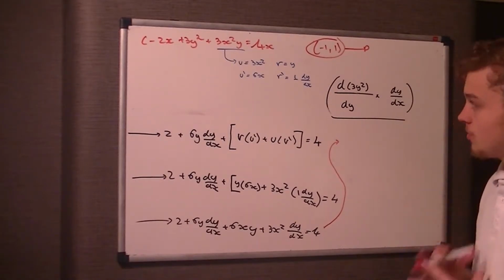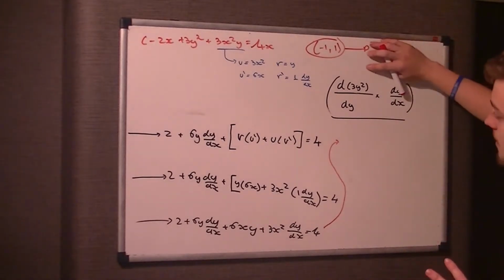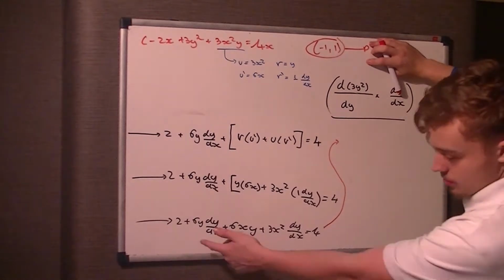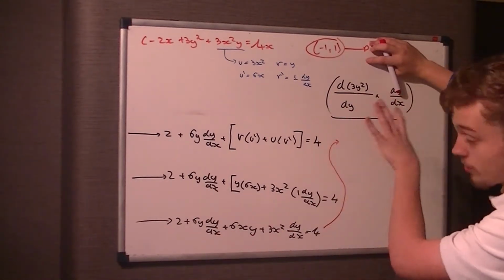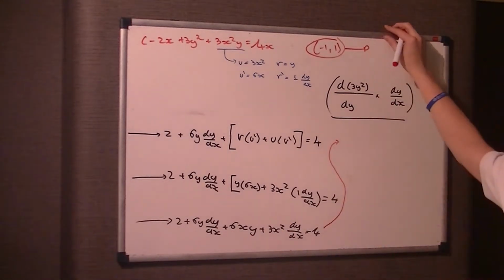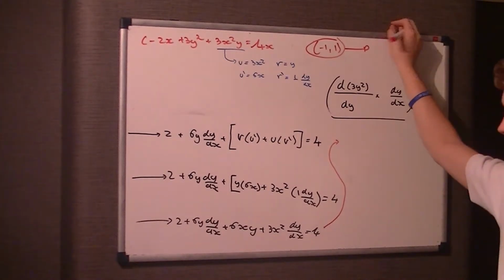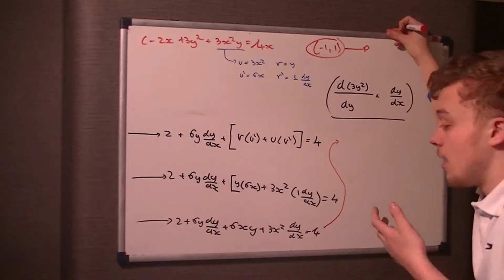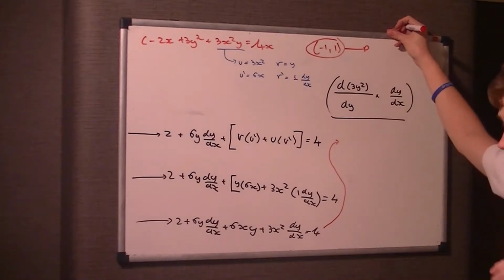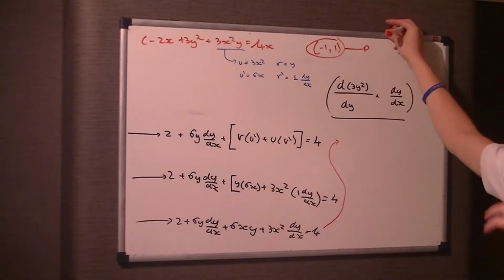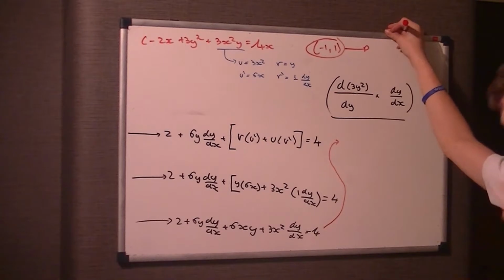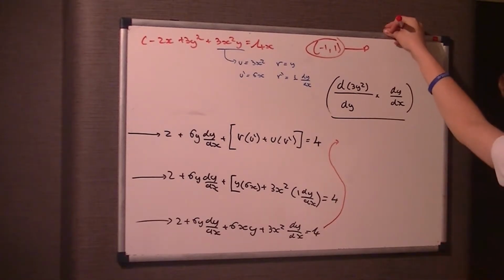We've got to remember, because this is the d of something, the d of 3x squared y over dy times dy/dx. Therefore, any term with dy/dx is not 6y with respect to dy/dx, because that wouldn't make sense. You only do it with respect to either y or x or whatever it is. You're not doing it to both.